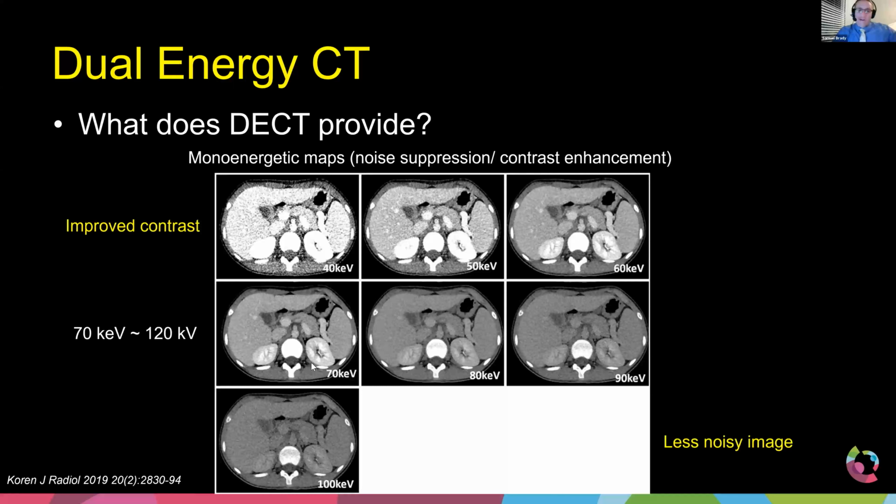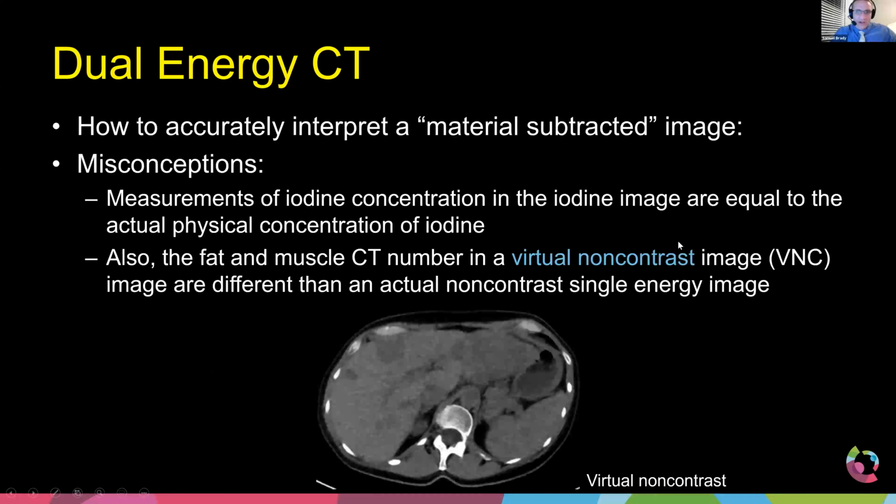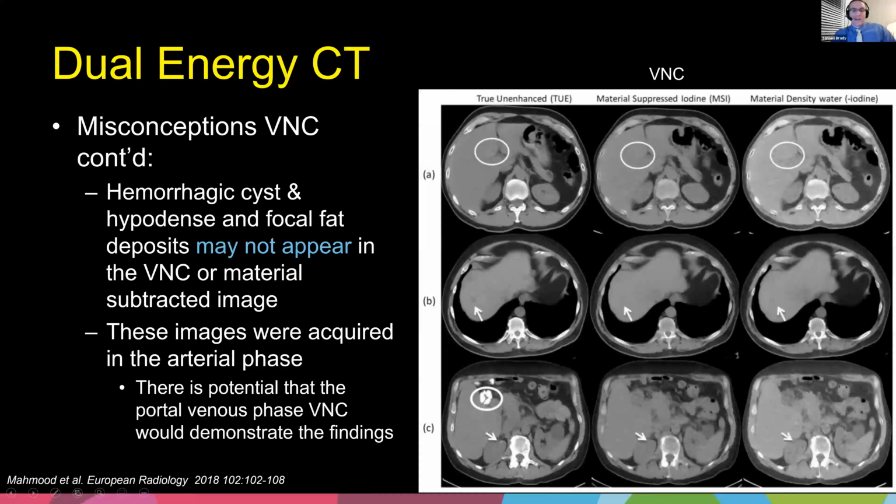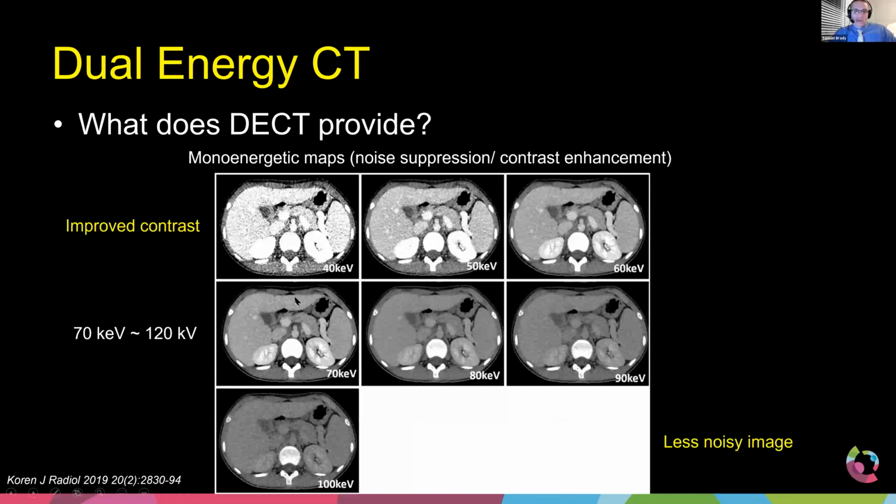If you compared a true 120 kV image to a 70 keV image, the 70 keV image would actually look a little less noisy and have a little less artifact.